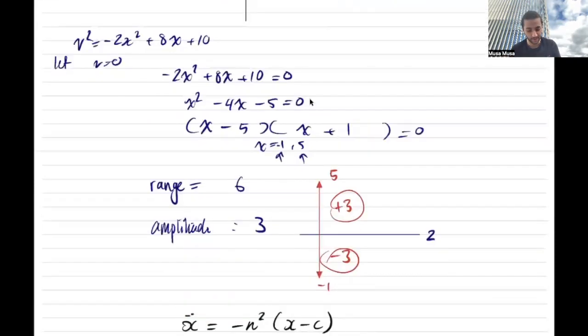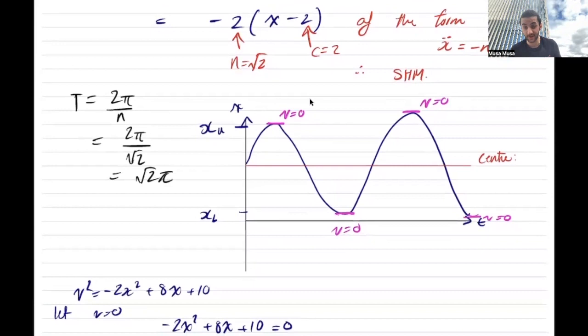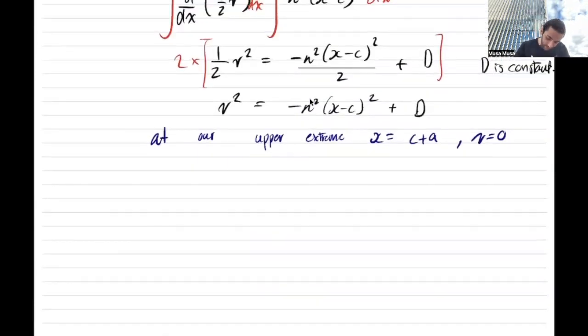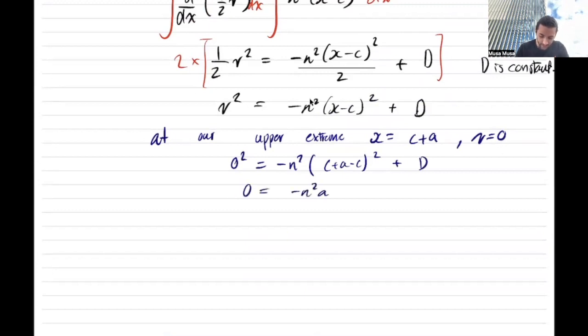And we already showed from the graph that the velocity is equal to 0 there. Okay. So let's sub that in. This is to help us find the d. So minus n squared, and then x is c plus a, so c plus a minus c all squared, plus d, 0 equals minus n squared a squared plus d, which means d equals a squared n squared.